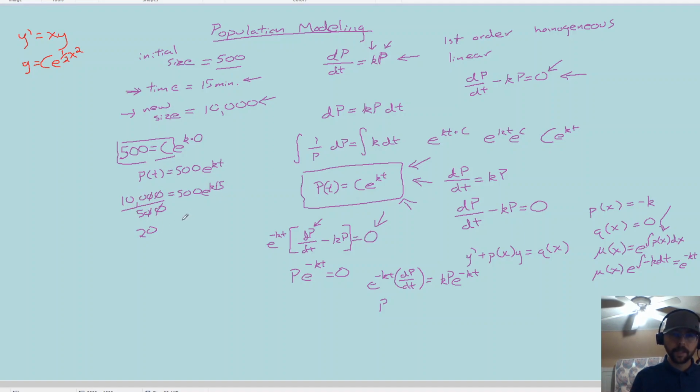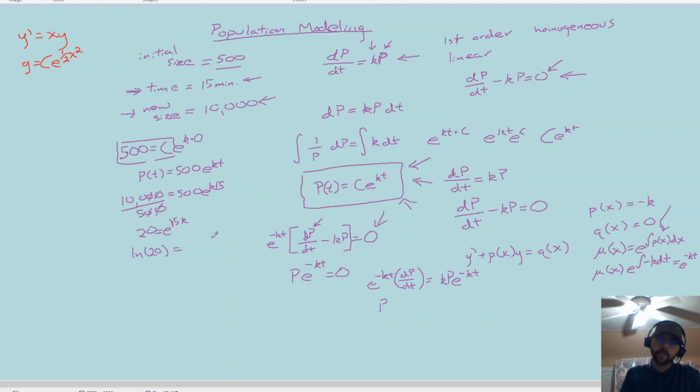So 20 equals e to the 15k. Now we can take the natural log of both sides. I do not know the natural log of 20 in my head, so I'm going to leave it that way. The natural log of 20 equals, and when we take the natural log of e to the 15k, you can bring 15k out to the front and say 15k times the natural log of e.